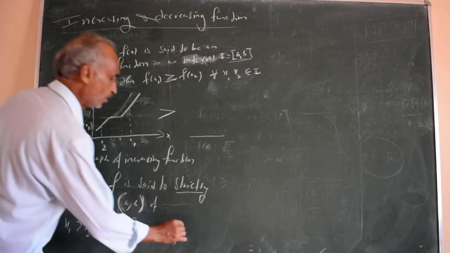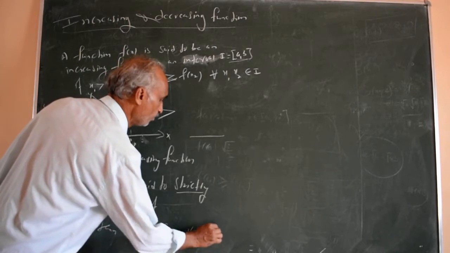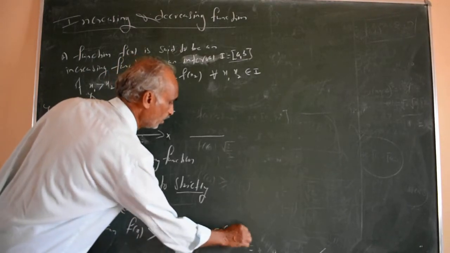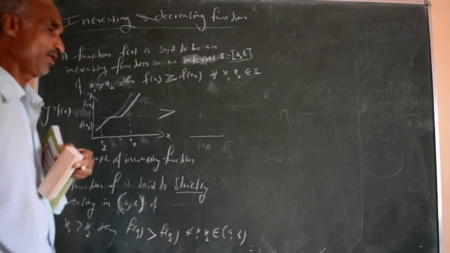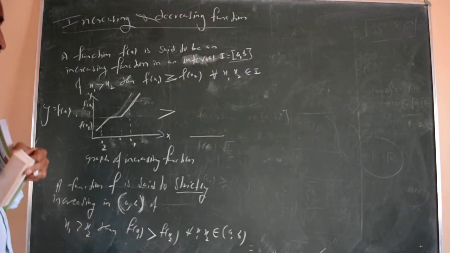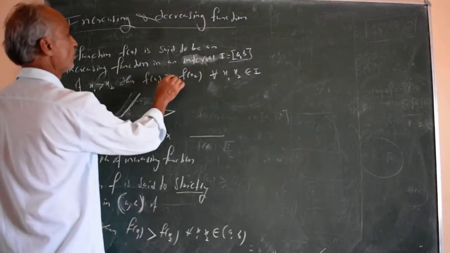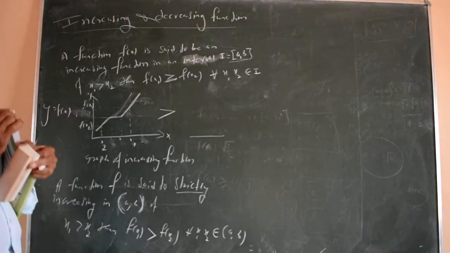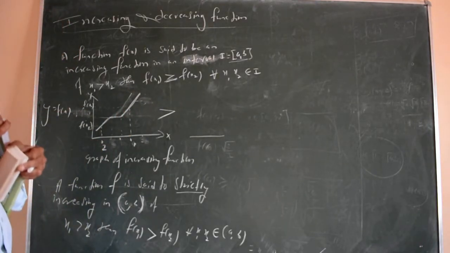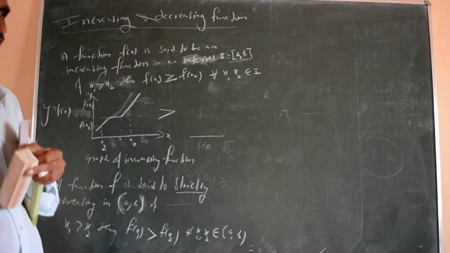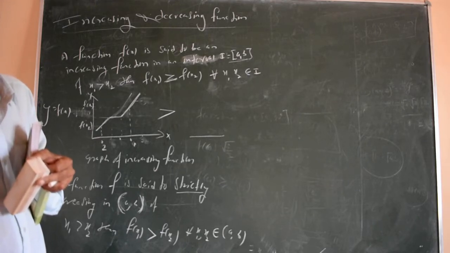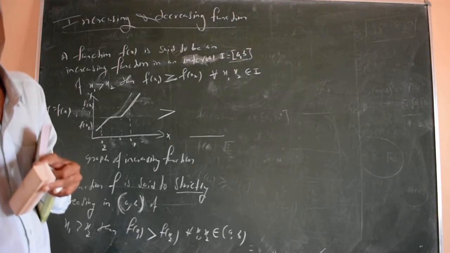F of x2, for all x1, x2 belonging to the open interval. Strictly, you take the open interval. For simply increasing, you take the closed interval. So f of x1 greater than or equal to f of x2, equal may be there. For strictly increasing, f of x1 is greater than f of x2 for all x1, x2 belonging to a to b, meaning x1 and x2 may be any values of the interval a to b.